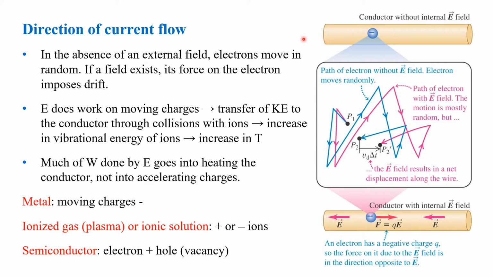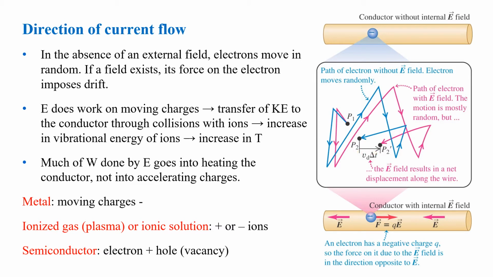If you connect this to a source of voltage, you create a field, and the field forces the electrons, imposing drift. So there is a drift of the electrons into some displacement, but the path of the electron with an electric field is still mostly random. Again, there is a displacement due to the drift velocity.